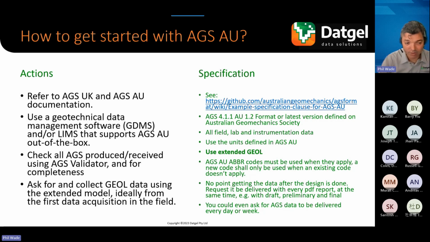Otherwise, you have quite a bit of work to do. You should always validate the data that you create and that you receive using the validator. But you still need to check for completeness, because the validation process is not going to check that every lab test is there. It just checks that the structure of the file is correct.